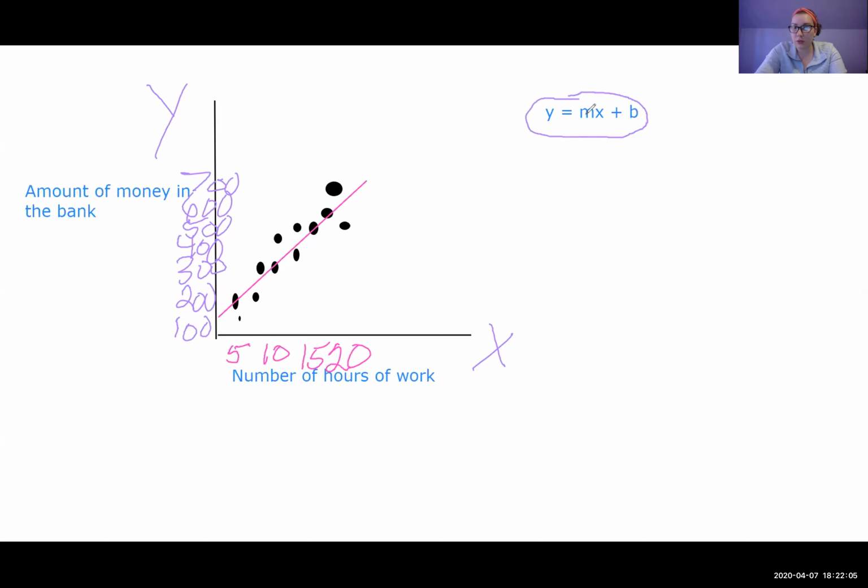Y equals mx plus b, where your m is your slope and your b is your y-intercept.